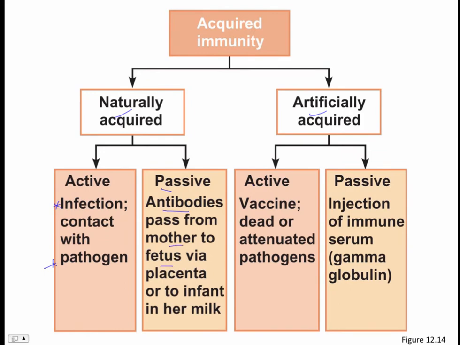You can have active, artificially acquired immunity, in which case you introduce a dead or weakened virus or pathogen into the body, tricking your body into thinking that it's actually there and then producing antibodies to that. Or you can have passive, artificially acquired immunity, in which case you receive an injection of immune serum, so antibodies specific to a toxin. Okay, so make sure that you know these four different forms.